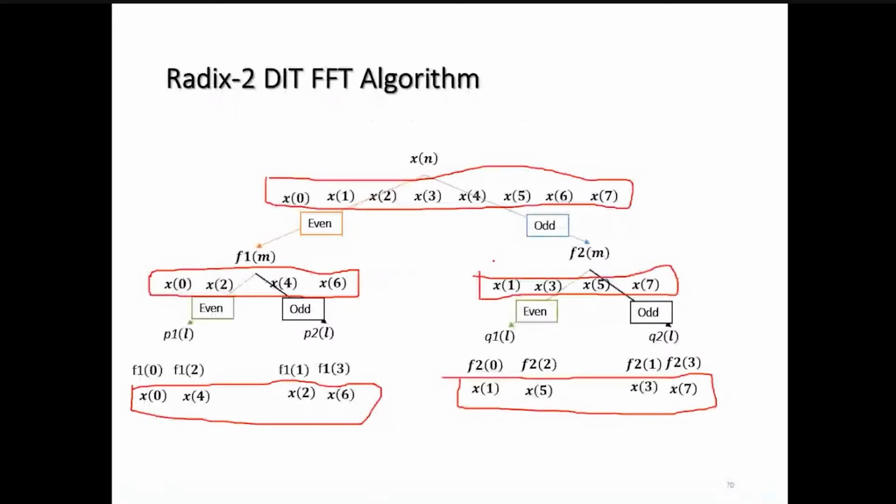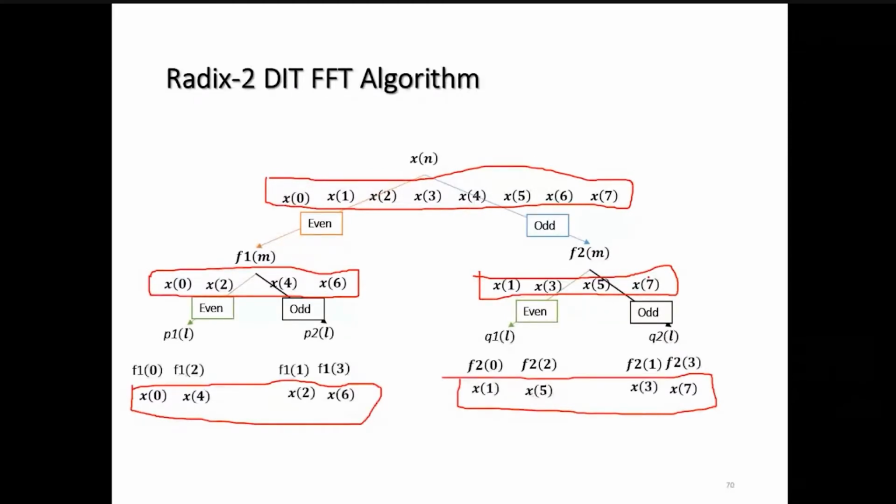Here we are applying the initial sequence x0, x1, x2, x3 up to x7. We divide the sequence into even and odd. We are getting x0, x2, x4 and x6, then after that we are getting x1, x3, x5 and x7. So it is a division between even and odd terms.